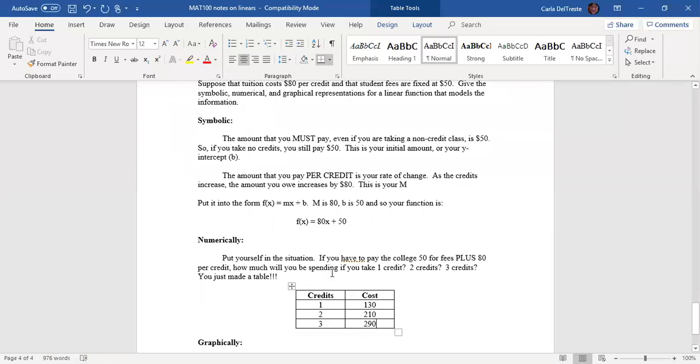Now let's analyze this table. Every time my credits went up by 1, what was happening to my cost? My cost was going up by 80 every time. That should make sense because my rate of change was $80 per 1 credit.